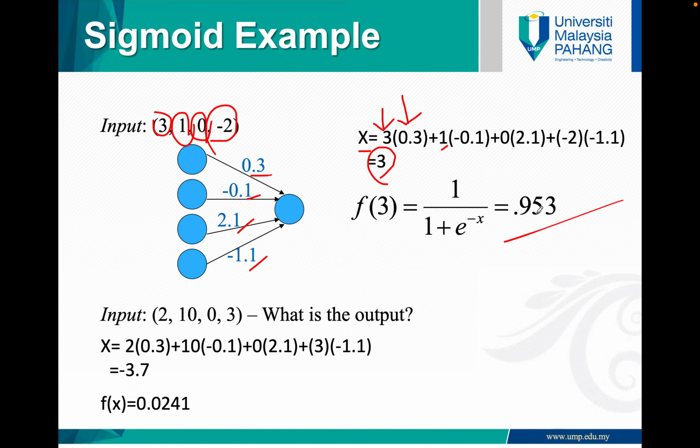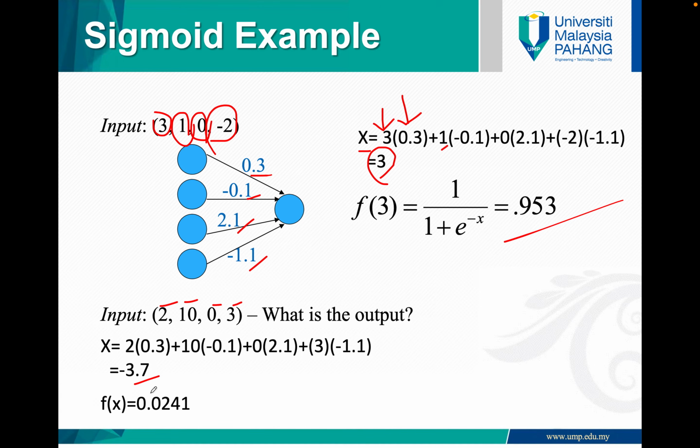And then for this one, let's say we have the input 2, 10, 0, and 3, using the same weights. So 2 times 0.3 plus 10 times minus 0.1 plus 0 times 2.1 plus 3 times minus 1.1, and then you will get minus 3.7.